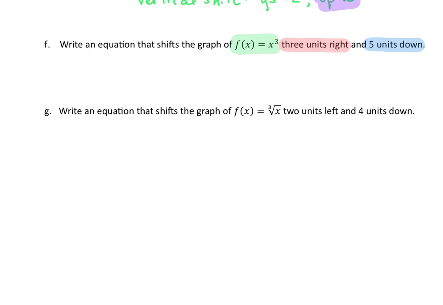All right, if we go 3 units to the right, this is horizontal. Remember, horizontal is always inside, and we do the opposite.